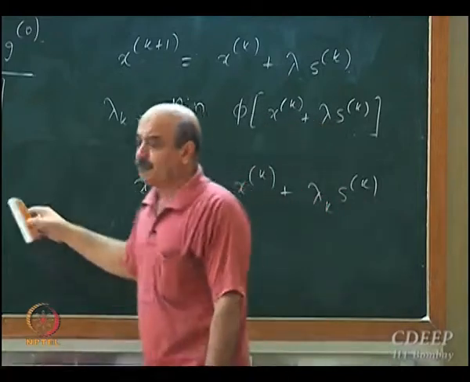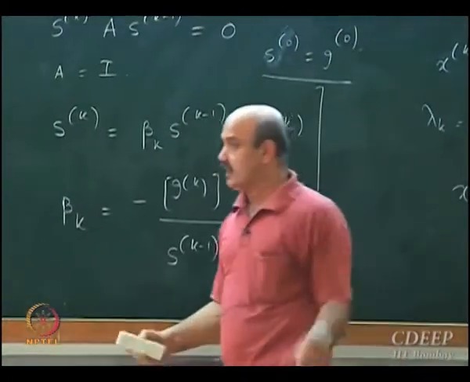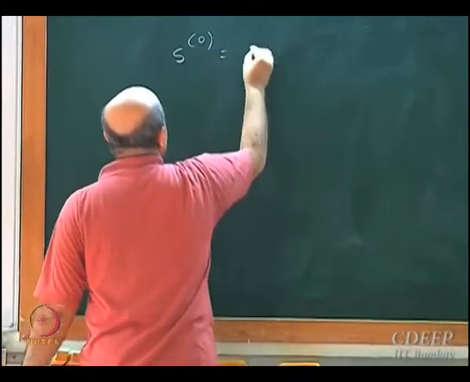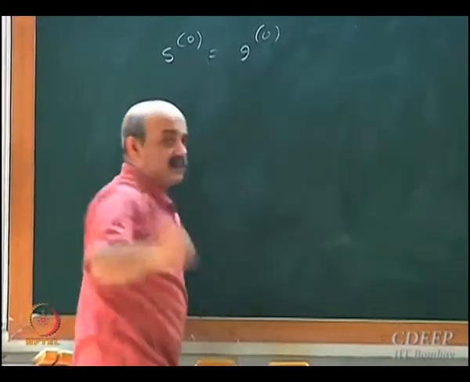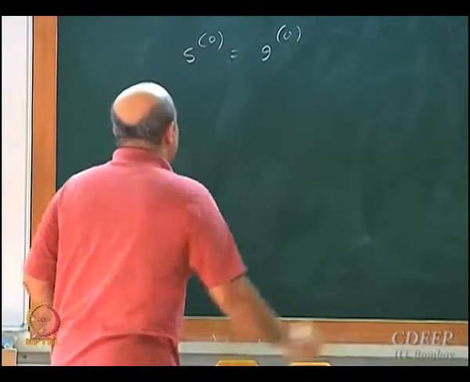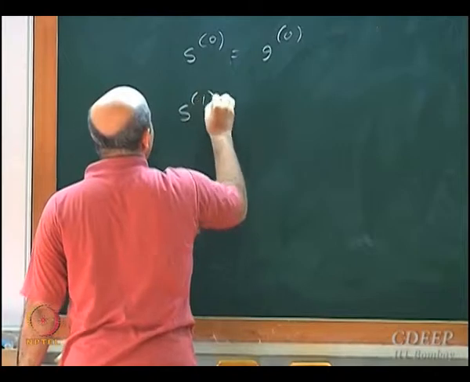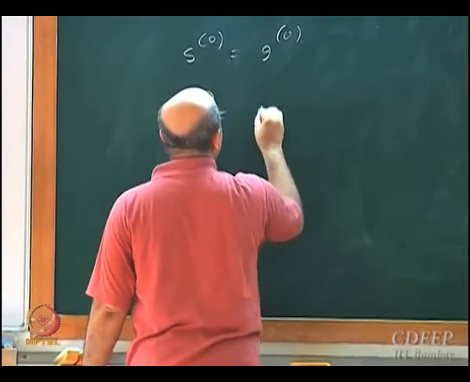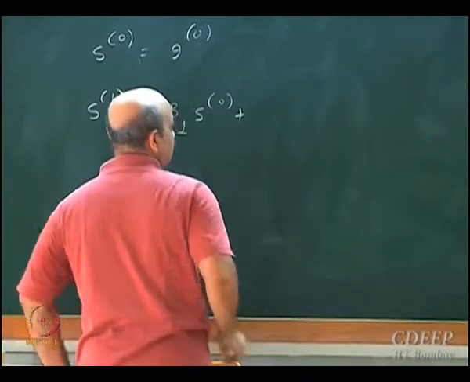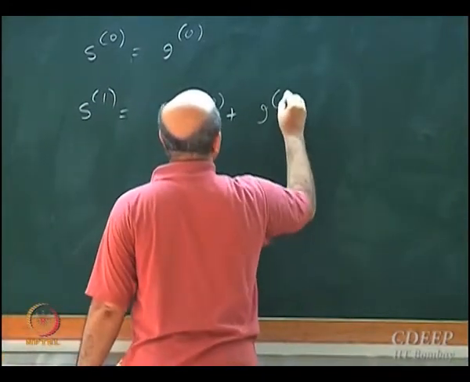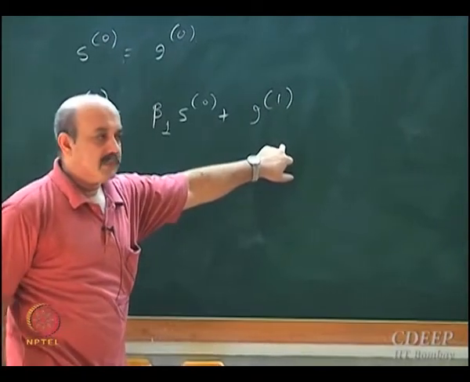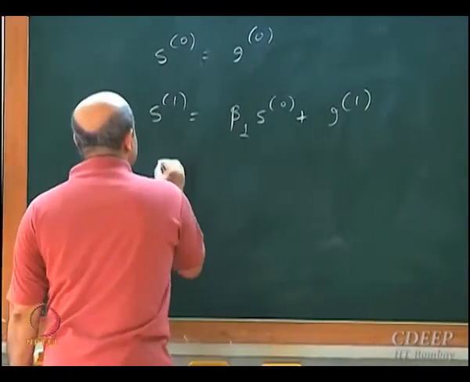So if I actually look at the progression of how the direction changes, S0 is equal to G0. The first time, whatever the gradient that you get, the negative of the gradient direction. What is next time? S1 is equal to beta 1 S0 plus the negative of the gradient direction at the new point. What is S2?